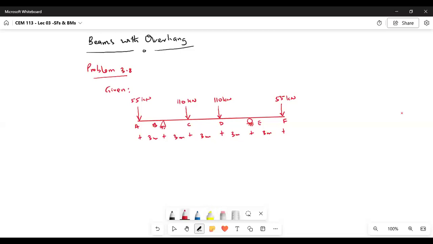Call this one D. So this is the beam with overhang. I think my diagram is a bit disproportionate.